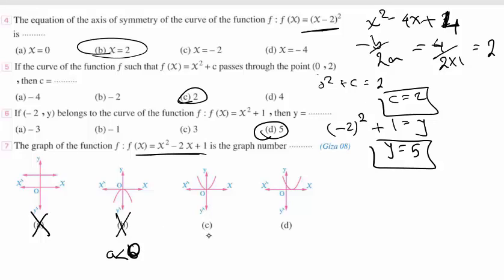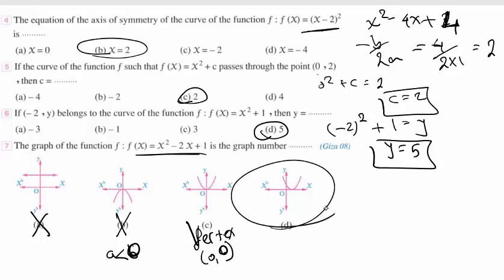In this function, it's looking upward, yes, but its vertex is on the origin point. Vertex on the origin point means that b has no value or doesn't exist in this equation. So I think it will be this one.